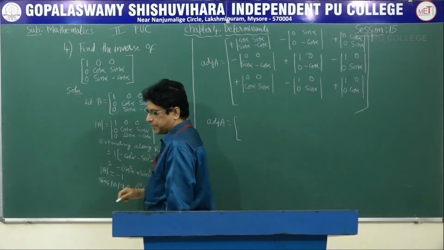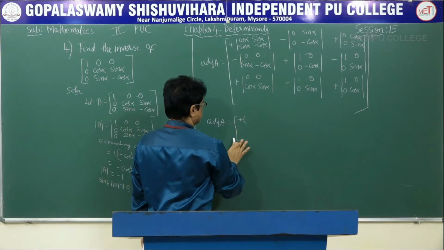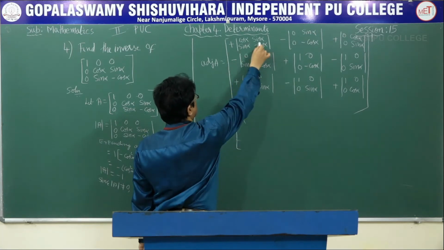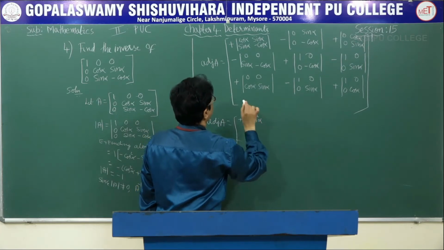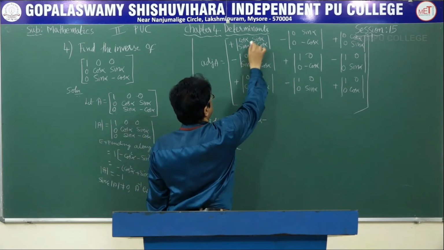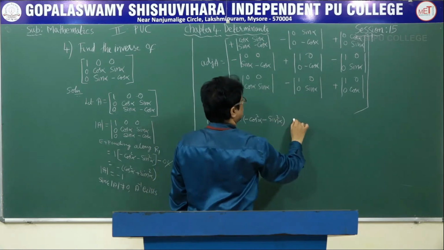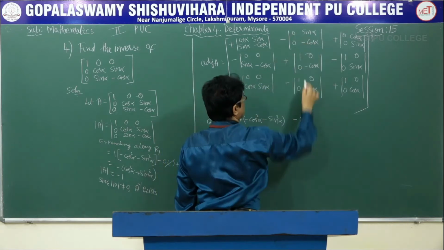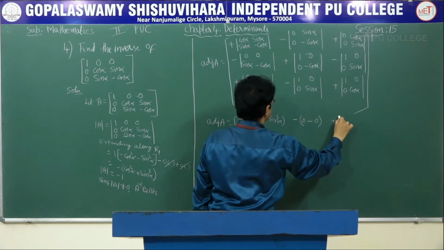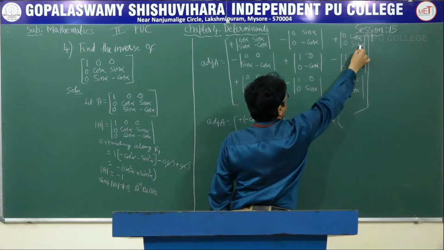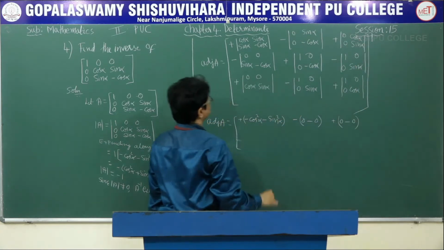So adjoint A is equal to plus cos alpha into minus cos alpha, minus cos square alpha, minus sin alpha into sin alpha, sin square alpha. Next, minus of 0 into minus cos alpha, 0, minus 0 into sin alpha, 0. Plus 0 into sin alpha, 0, minus 0 into cos alpha, 0.